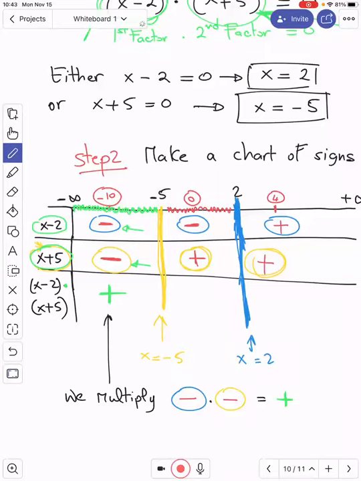In this second interval, x minus 2 is negative and x plus 5 is positive. So you have to multiply the signs in the column. Negative by positive will be negative. So the sign of the product of the two factors would be negative.